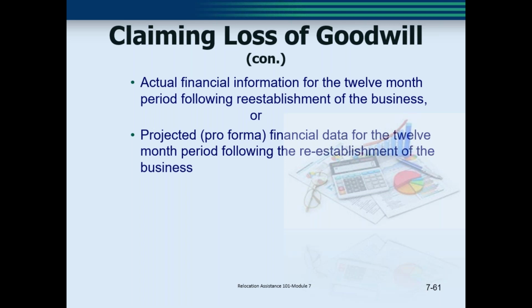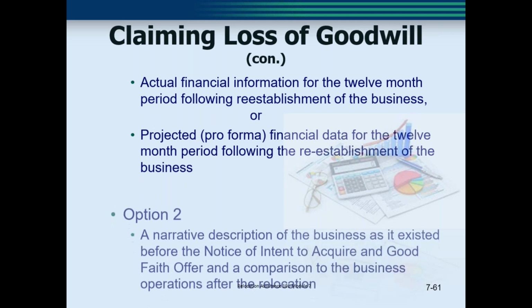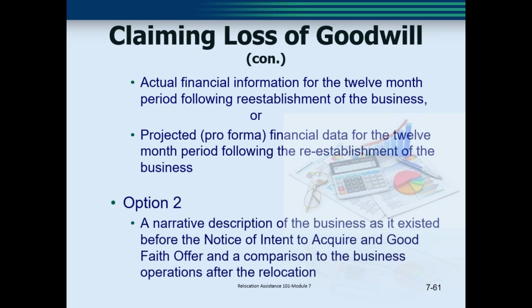Could be actual financial information for the 12-month period following reestablishment of the business, or could be projected financial data for the 12-month period following reestablishment of the business. Option two, a narrative description of the business as it existed before the notice of intent to acquire and good faith offer, and a comparison to the business operations in the after.